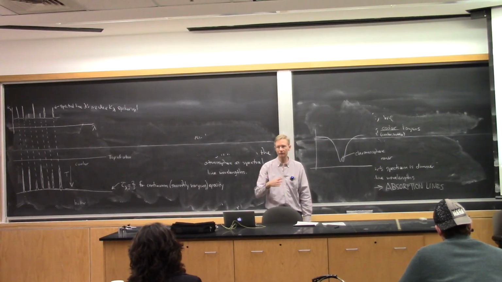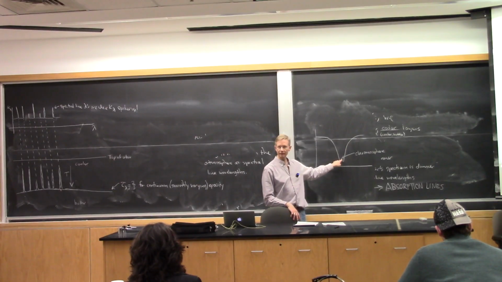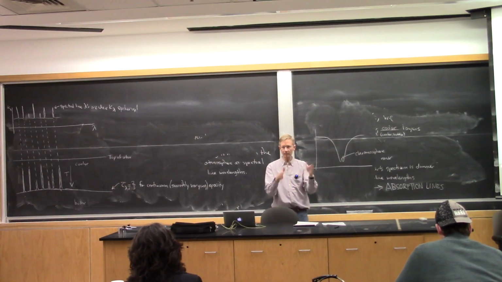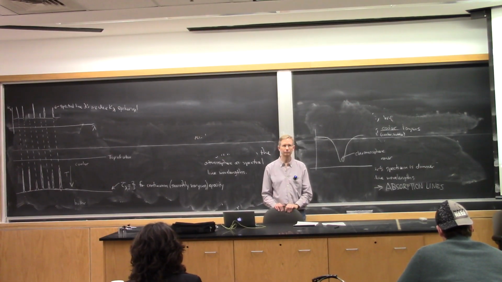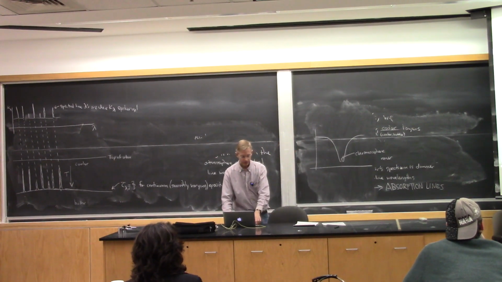So we don't see the photosphere, we see the chromosphere instead. And the chromosphere is hotter, and so you get this bump up there in the intensity. It's still darker than the rest of the surface, but it's brighter than nearby wavelengths as a result of that. So, fun with radiation transfer. Okay. All right.